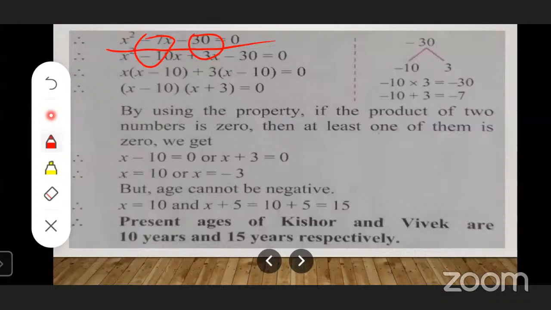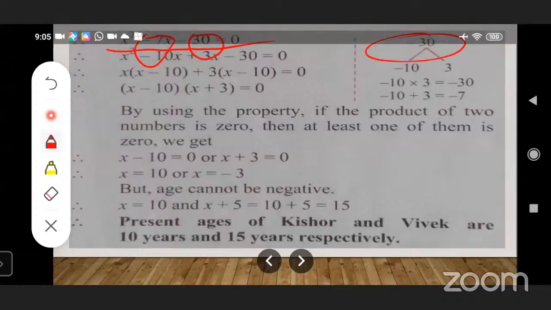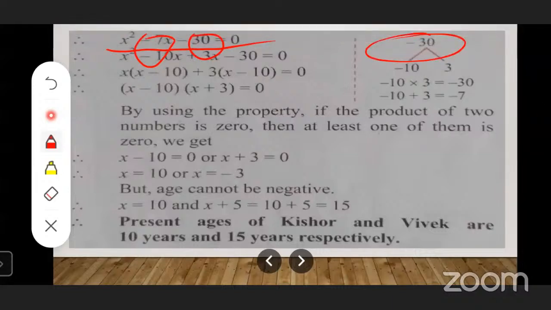Let us use which method here? Factorization method. So let us first of all take the last term. What is the last term here? Minus 30. Now when you take minus 30, you have to find the factors of this last term in such a way that when you add these factors, you should get the middle term, and when you multiply these factors, you should get the last term.